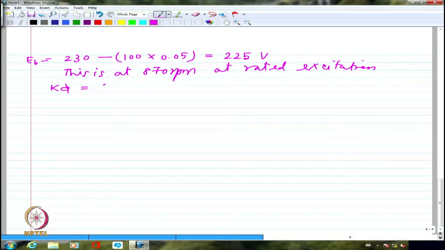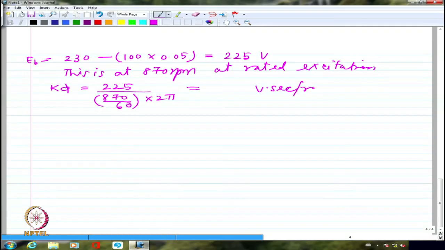So this will be 225 divided by 870 by 60 into 2 pi. So what I get as K5 is volts per radians per second, right? So volts second per radian. Tell me the value, whatever it is.